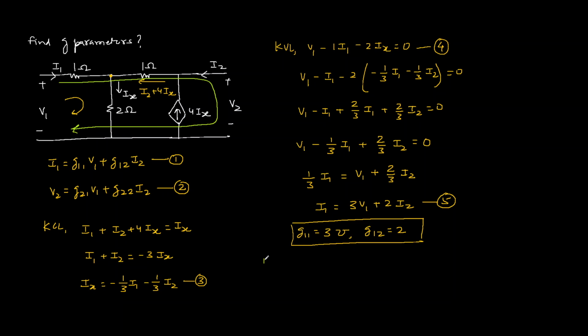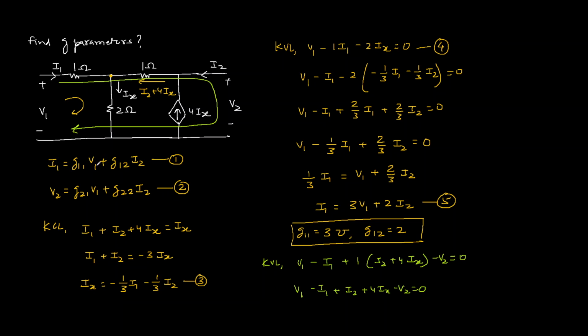Rise in voltage V1, then drop across 1 ohm resistance, which is I1, then rise in voltage in 1 ohm resistance is 1 into I2 plus 4Ix, and then drop V2. So V1 minus I1 plus I2 plus 4Ix minus V2 equal to 0.